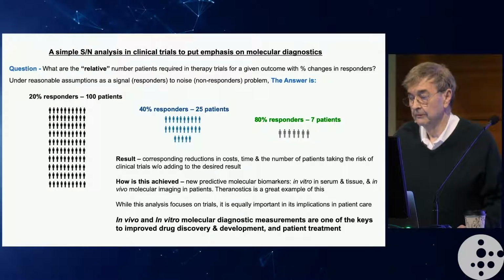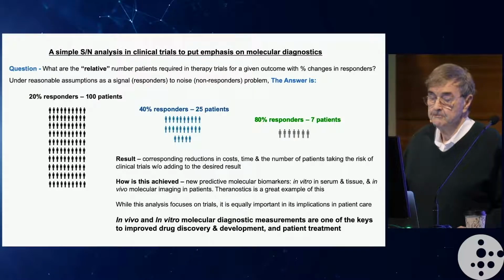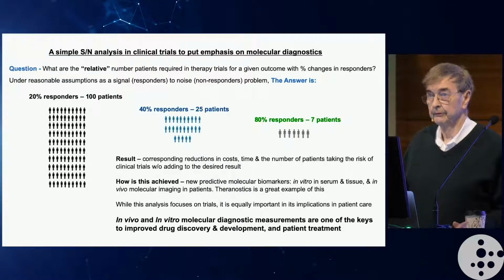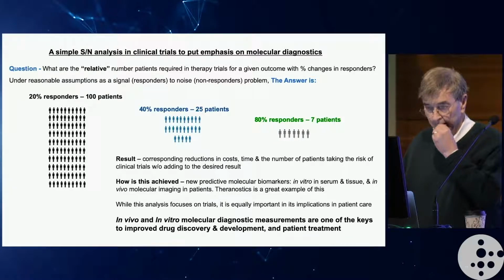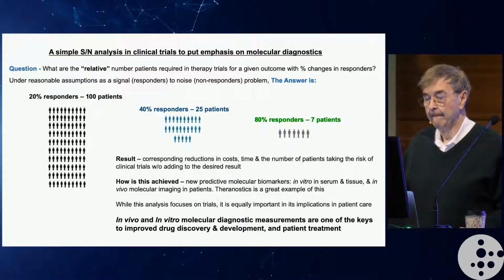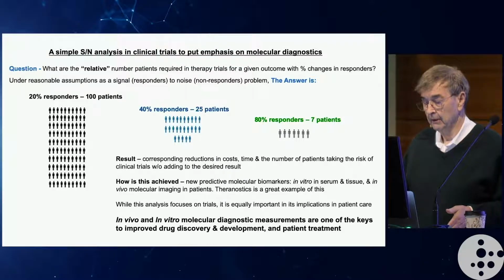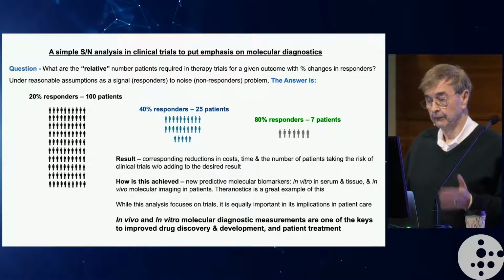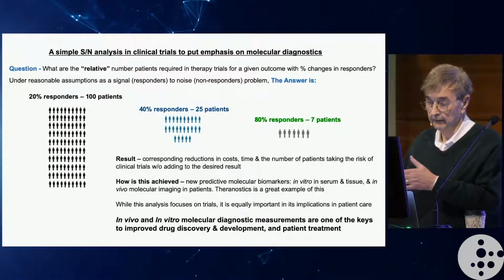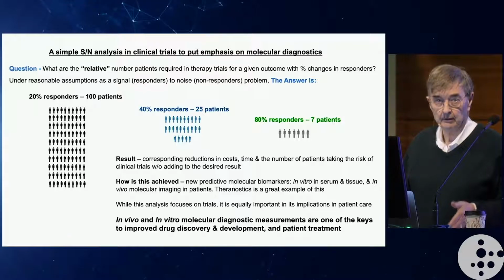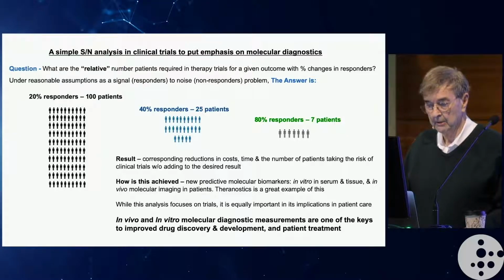Now, under reasonable assumptions, the answer is if you have 20% responders, which is pretty normal for clinical trial drug trials, it takes 100 patients. If you had a way to increase the responders to 40%, it takes 25 patients. If you had a way to further increase it to 80%, it takes 7 on a relative scale.